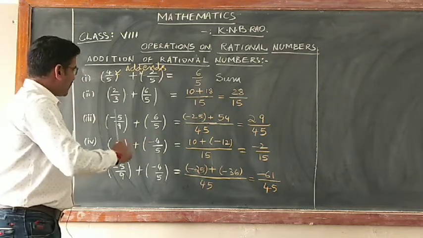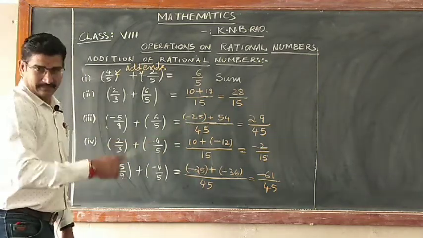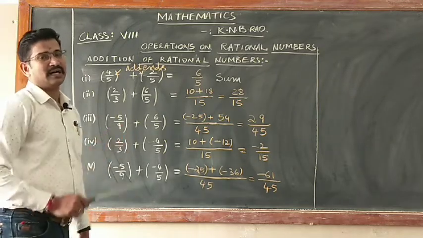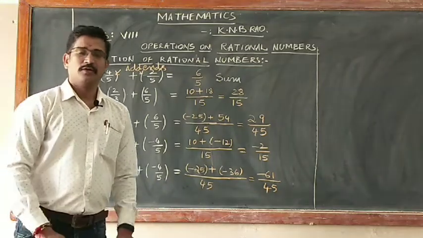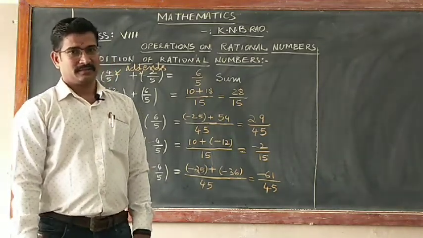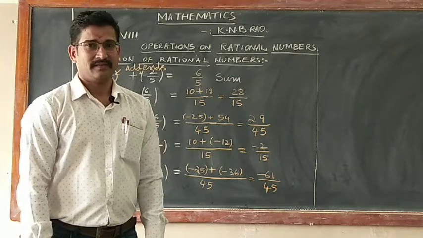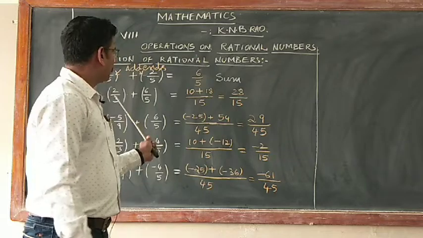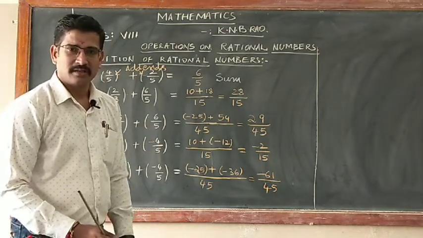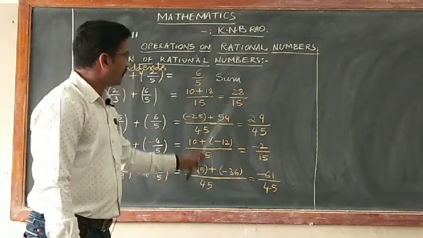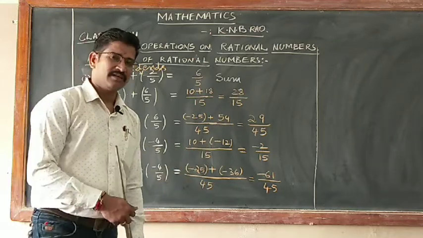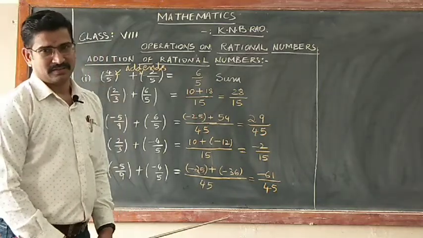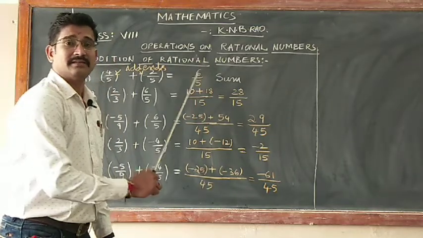Here all these results are called sum. All these rational numbers which are getting added are called addends in the operation addition of rational numbers. Here I would like to mention one speciality. Could you notice that the sum of any two rational numbers is again a rational number? Yes, the sum of any two rational numbers is again a rational number.